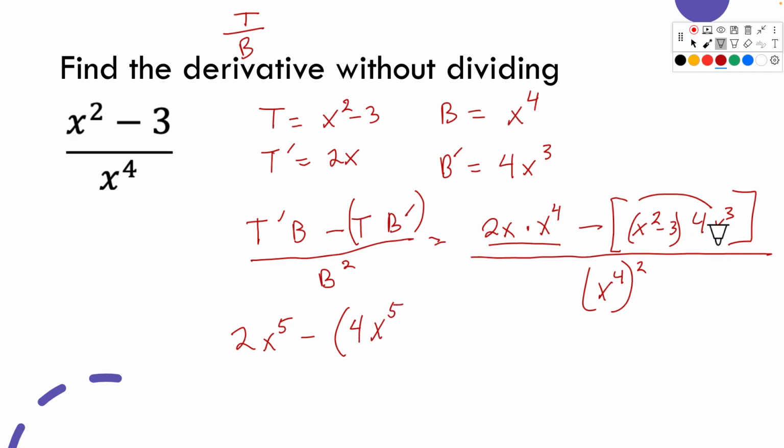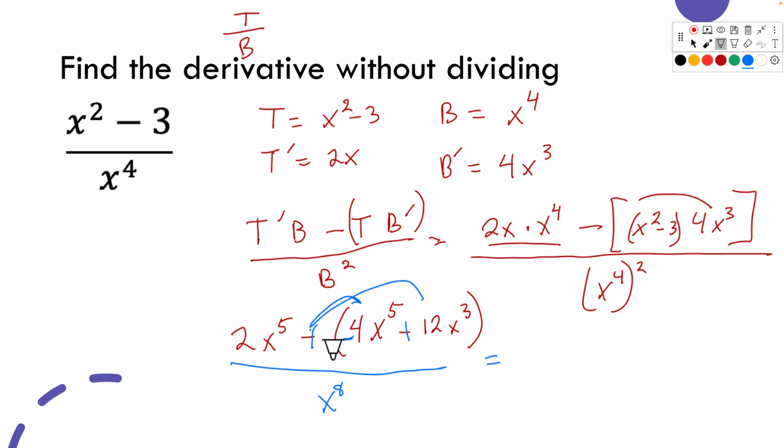And then I've got this minus 3. This is where I messed up, because minus 3 times 4 is minus 12x to the third. And then I like to change color, and I'm going to distribute this negative. So this 4 becomes negative, and this 12 becomes positive. And I've taken care of this thing now, all over x to the 8.